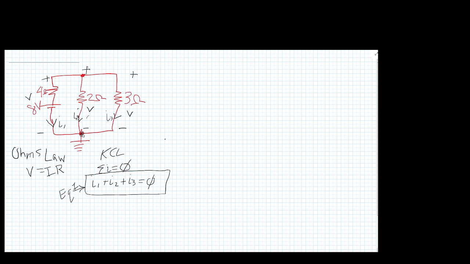Okay. Now let's find the current. Let's find the easy one, the one going through branch 3, using Ohm's law. So our Ohm's law is V equals IR.